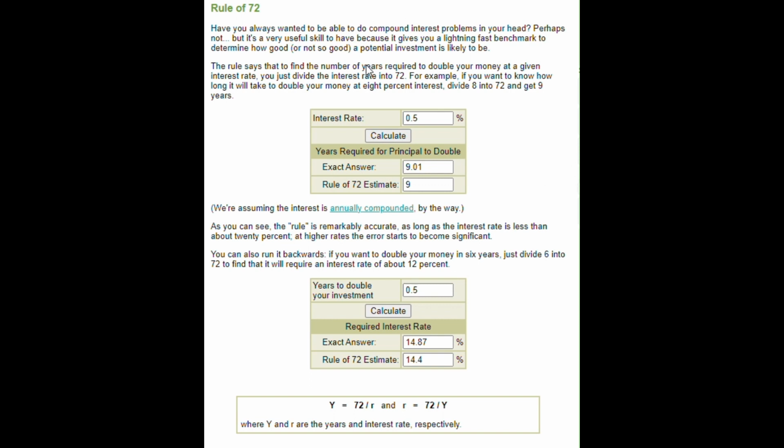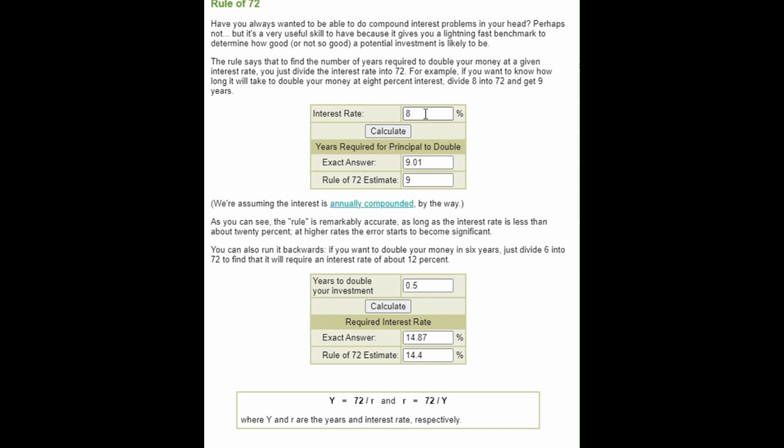So it's real simple. If you have a particular investment that you are looking at evaluating, and let's say it's going to give you an 8% return, right? That's what the rate of return is. You put that 8 in, you're dividing 72 by that 8, hit calculate, and it tells you it's going to take approximately 9 years for your money to double with an 8% return.